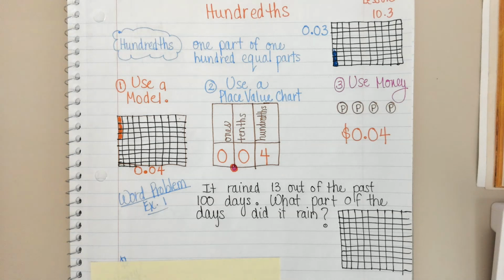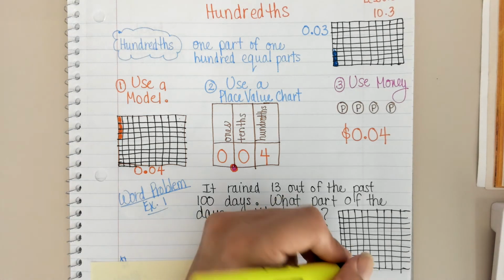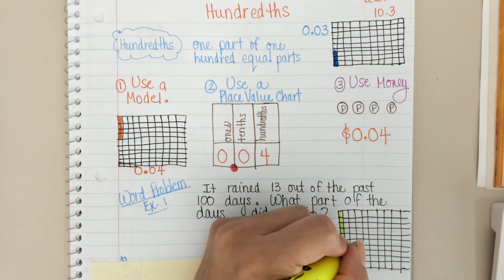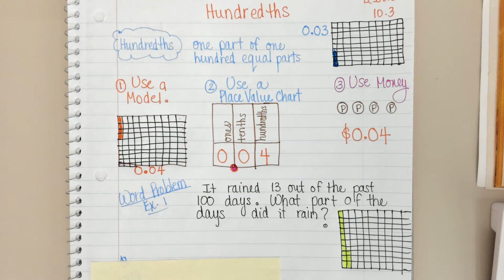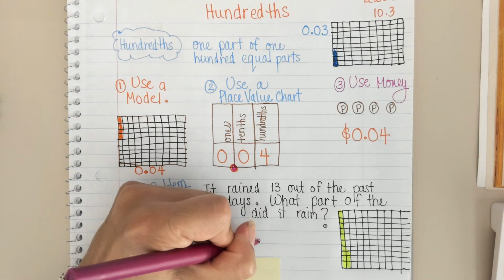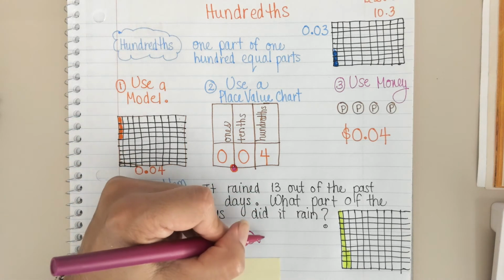If it rained 13 out of the past 100 days, I'm going to color 10, 11, 12, 13. 13 hundredths. And the way this is written is 0 point.